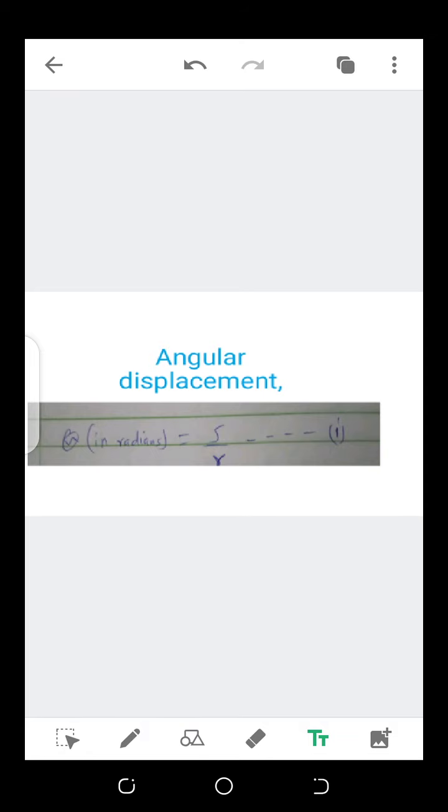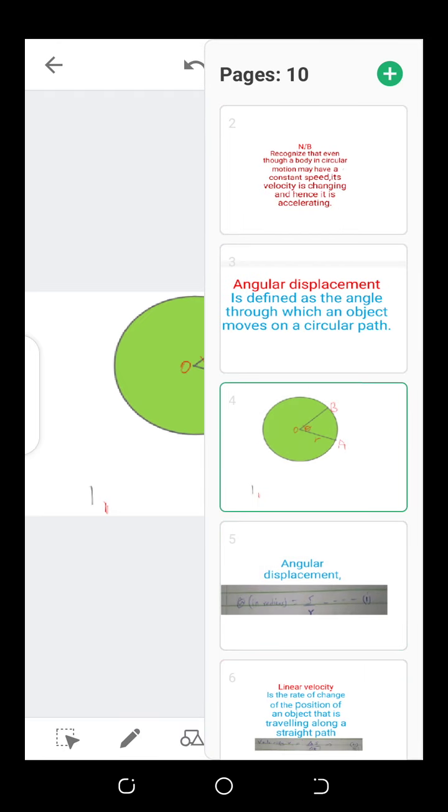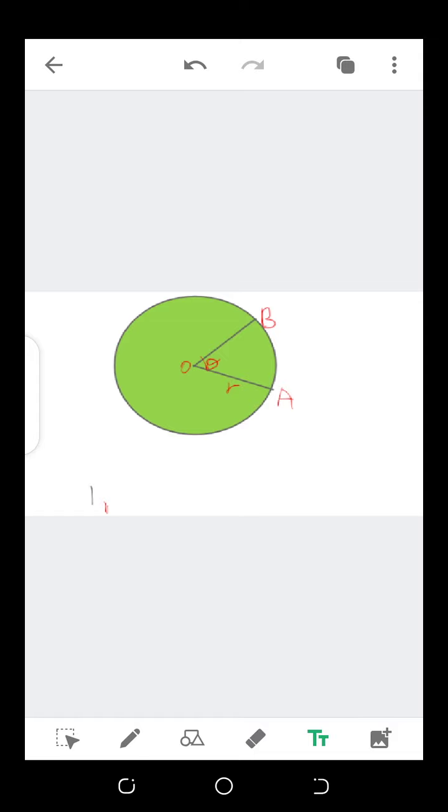Now, if I want to find the length AB, that's an arc length. How to find the length of a sector? I think AOB, it's a sector of a circle. Now, how to find the length of that sector?